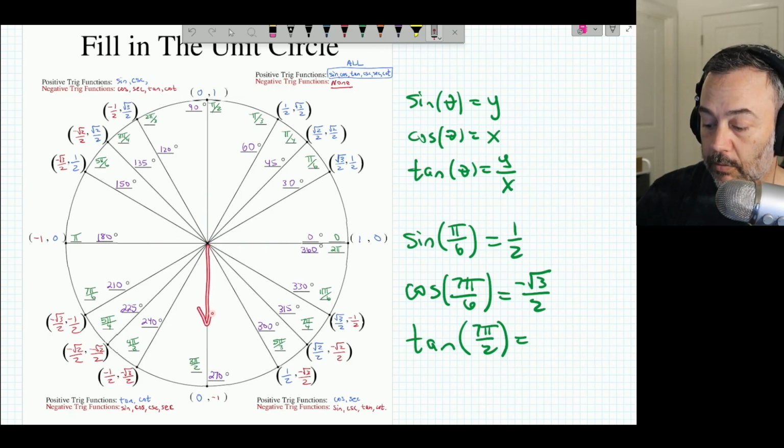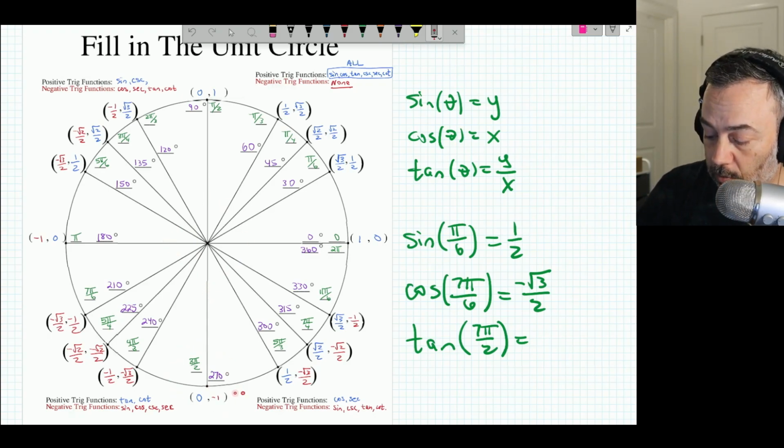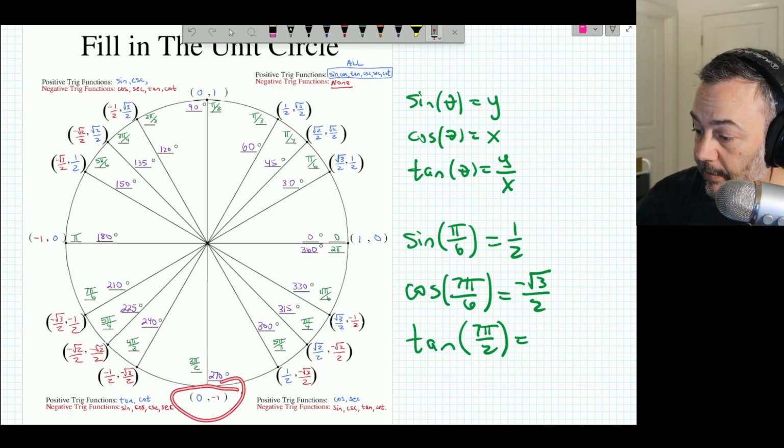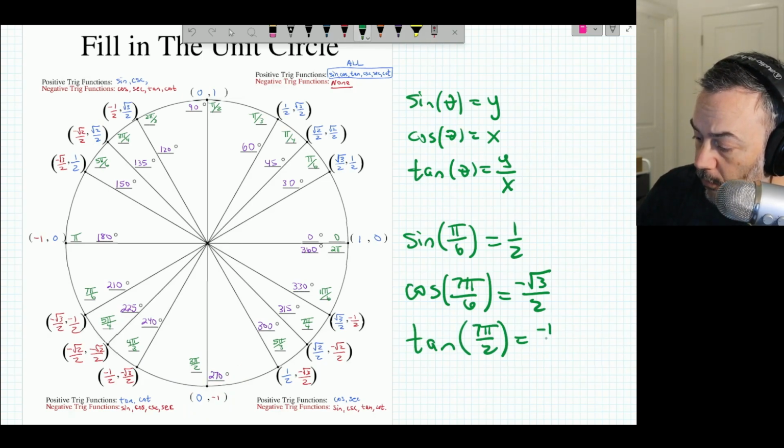So that means our terminal side is here. 1, 2, 3, 4, 5, 6, 7. That means our point we're looking at, our coordinate, is down here. And the tangent of that would equal the y coordinate over the x coordinate, which is undefined.